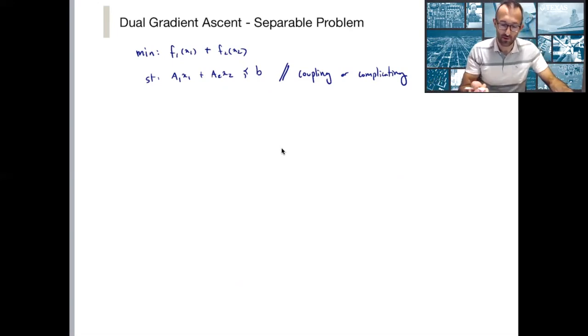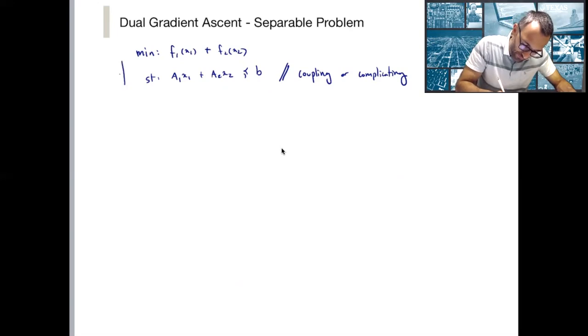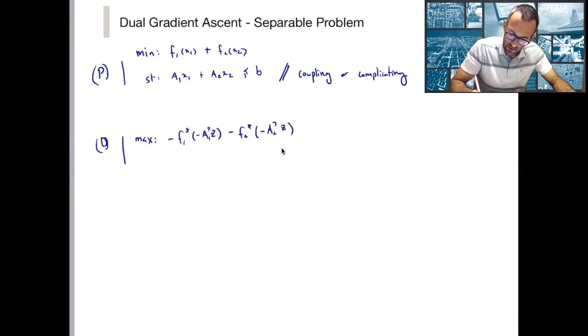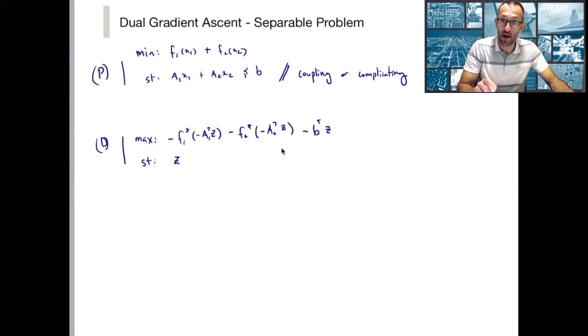Okay, so let's write down the dual again. Let's call this the primal, and then the dual is maximizing minus f1 star of minus a1 transpose z minus f2 star of minus a2 transpose z minus b transpose z, subject to, now I have a constraint on z.